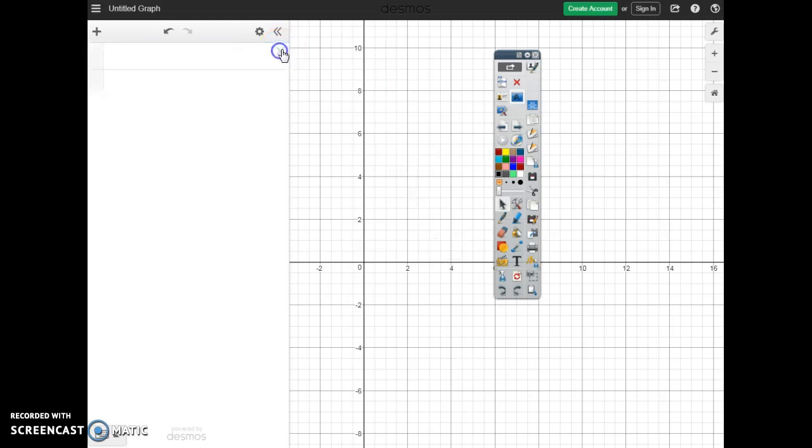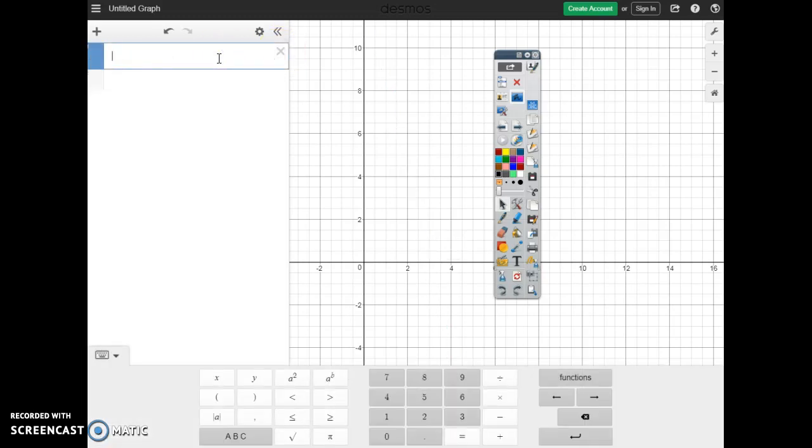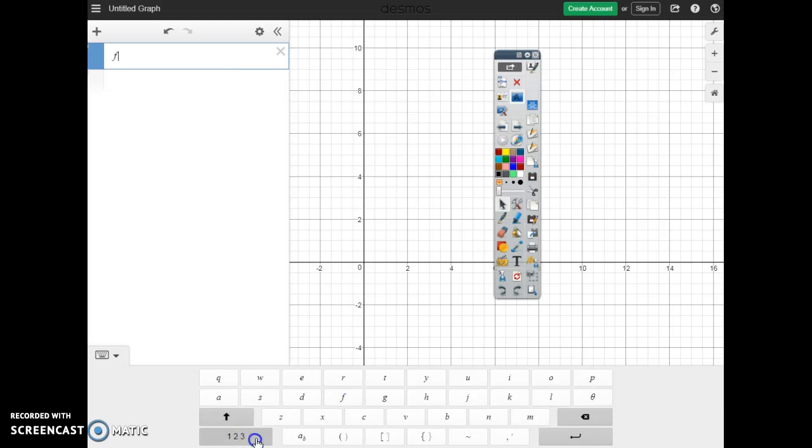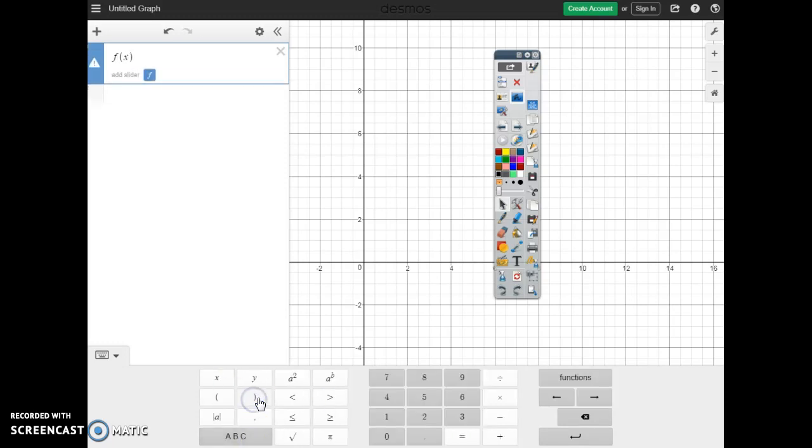And then letter D. Remember we changed it. It's f of x equals negative 2.5x plus 3,000.